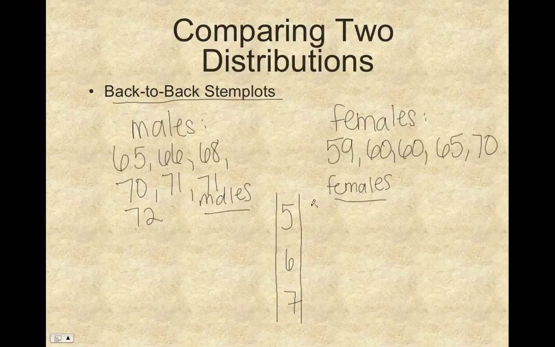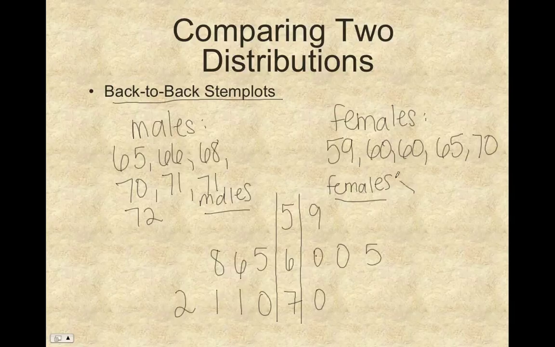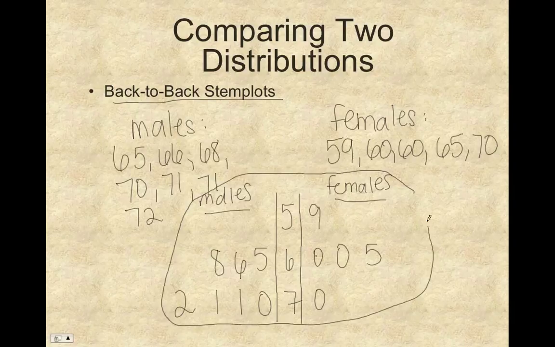For females, I have 59, and then I have 60, 60, 65, and 70. For males, I don't have anything in the 50s, so I'm going to leave that blank. I have 65, and usually you jut it off to the left. So 66, 68, 70, 71, 71, 72. That's a back-to-back stem plot. Draw a little circle around it. And it allows us to make comparisons between males and females on the same graph.